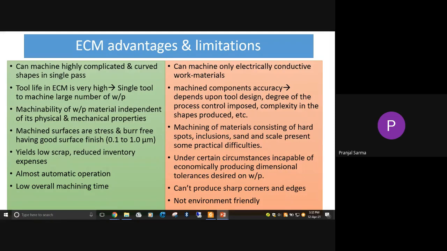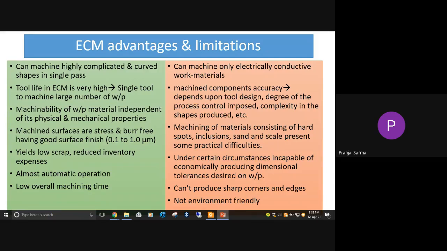And sometimes, if the work material has hard spots, inclusions, or scaling particles, then the process becomes somewhat disoriented. Sharp corners cannot be produced.